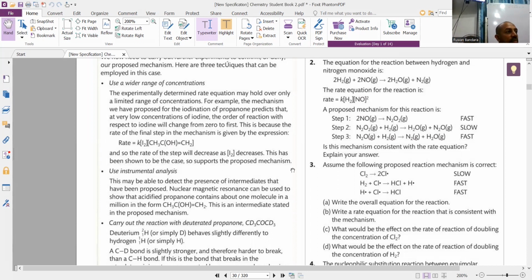Question number 2. Is the mechanism consistent with the rate equation?